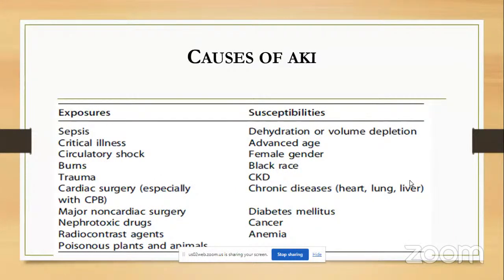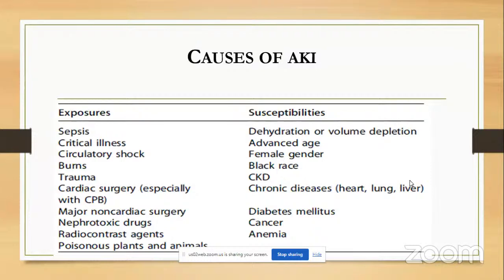Then there are the most common causes of AKI in the hospitalized patients, which we see is the sepsis or the bacterial infections with which they come, or the critical illness, circulatory shock, or cardiac surgery, or major non-cardiac surgery, or nephrotoxic drugs. About the drugs we will discuss in detail later.